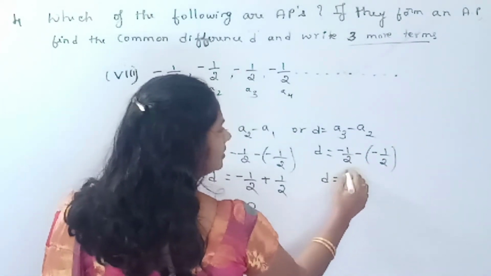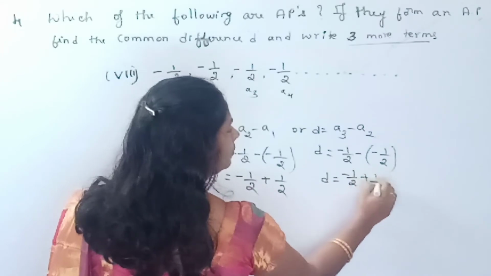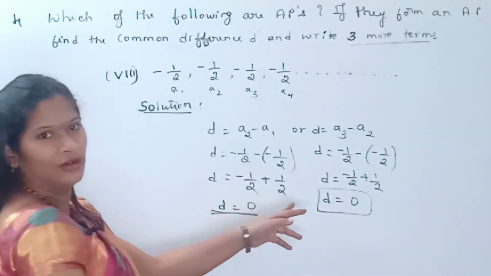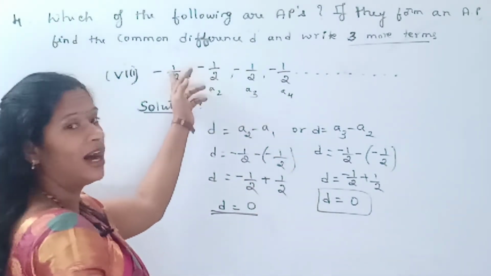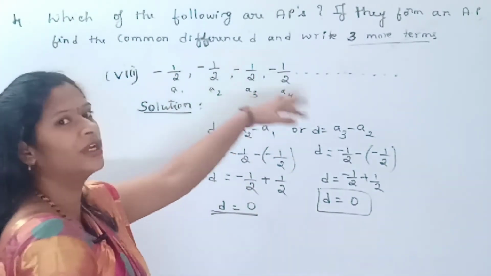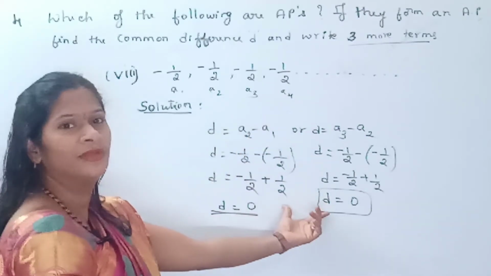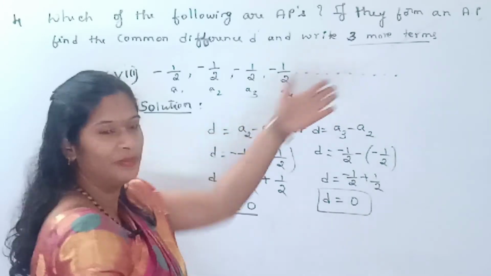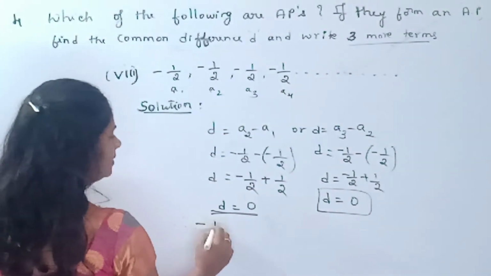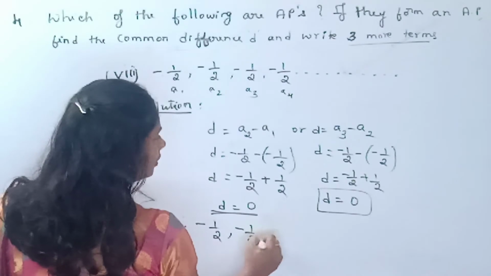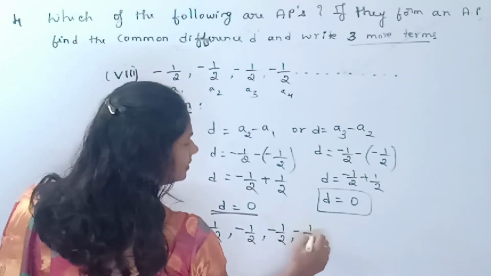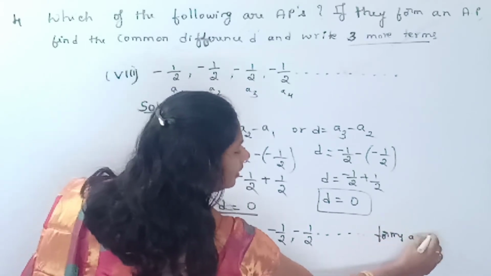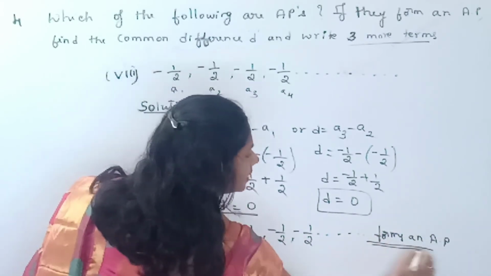So common difference -half plus half. So you'll be getting common difference same, isn't it? The fixed number or the common difference, which one we are adding to its preceding term to get succeeding term, it is same. So what is your conclusion? So this list of numbers forms an AP. So you write down -half, -half, -half, -half forms an AP.